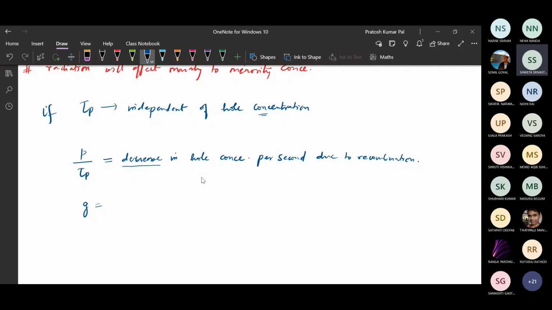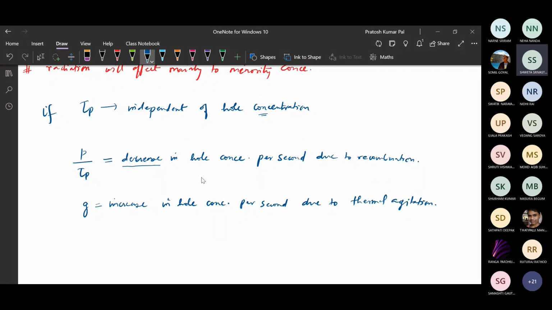So this g is the amount of generated holes, so g amount of holes will increase the hole concentration per second due to thermal agitation.